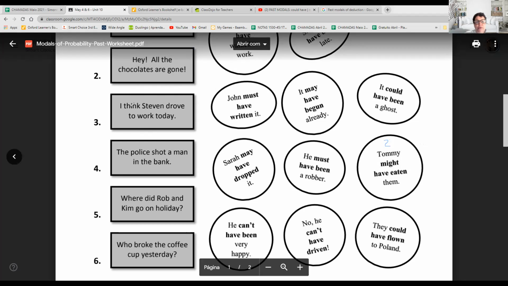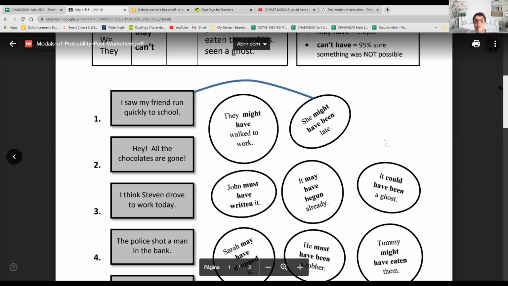Let's go to number 3. I think Stephen drove to work today. Let's see the one up here. There is a circle here that we can't visualize.